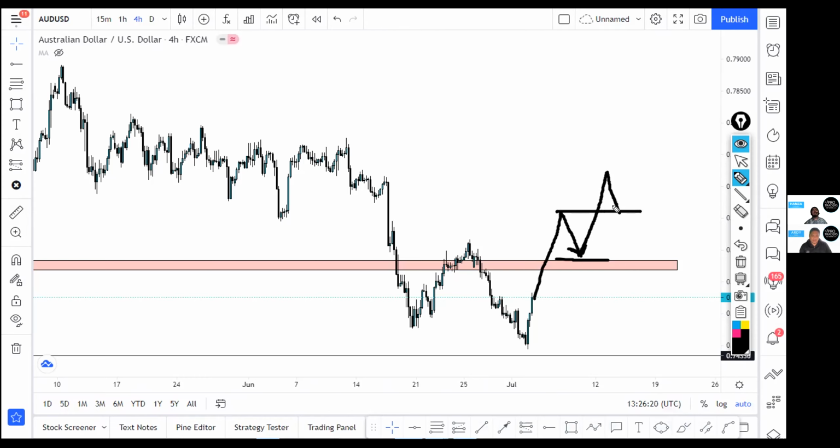Then I'll be more interested in buying here rather than in this area. So I will wait until a trend is established to the opposite side. This will probably be the scenario if we get a close above, and I will see how the price reacts at this area. If it bounces to the upside, then I'll be more interested in buying at these areas, targeting these highs.